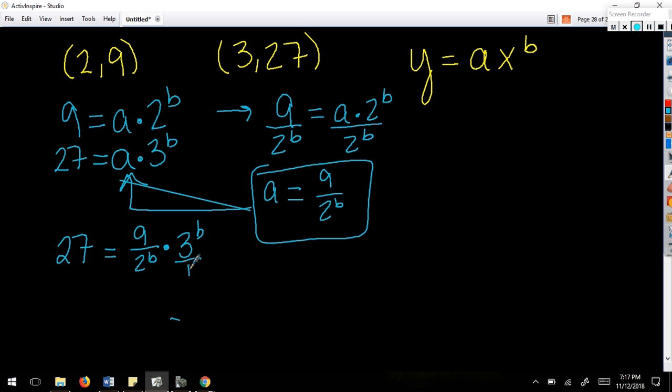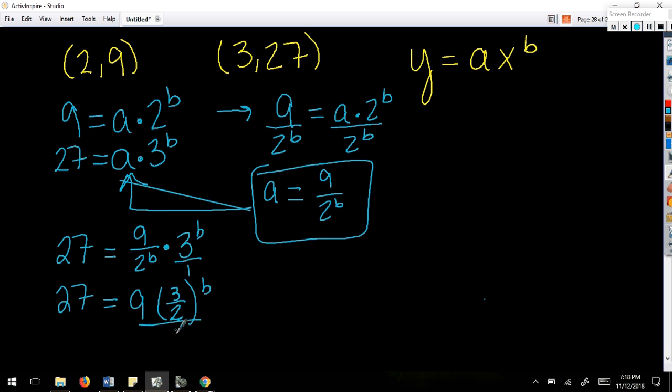All right. So what I get here is 27 equals, now if I put these together again, I have 9, and I'm just going to write it a little bit differently so you can see, 3 over 2 to the b power. Okay, same thing. And I know that that can go to both, but just because these didn't divide nicely.